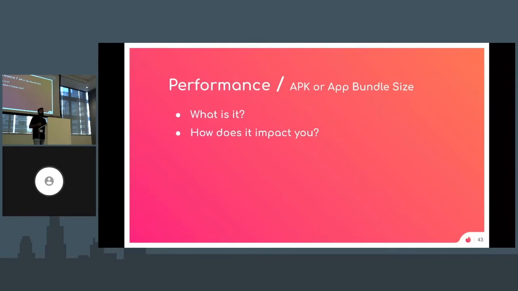So in one of the Google I/Os, I believe it was in 2019, in one of the talks, it was mentioned that about a megabyte increase in your app size can actually decrease the install rate by 3%. This could be really, really big if you're trying to target countries that don't really have high-end devices. For example, a lot of people in Southeast Asia or Africa, they still don't have access to the devices that have really high RAM or disk space.